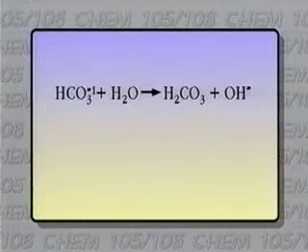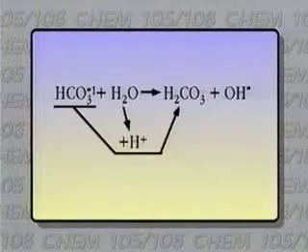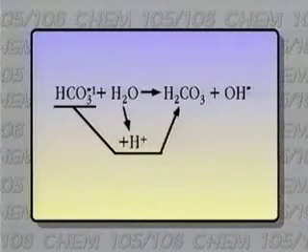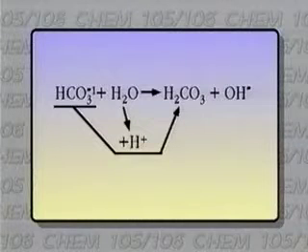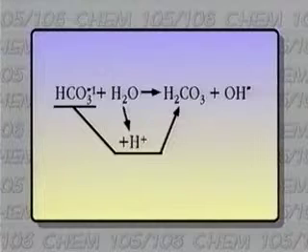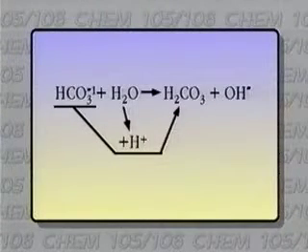Again, if we look at this, how did it get from start to finish? It gained a proton. So the hydrogen carbonate ion now is acting as a base because it is accepting a proton. It accepted the proton from the water, and the water ended up as OH.